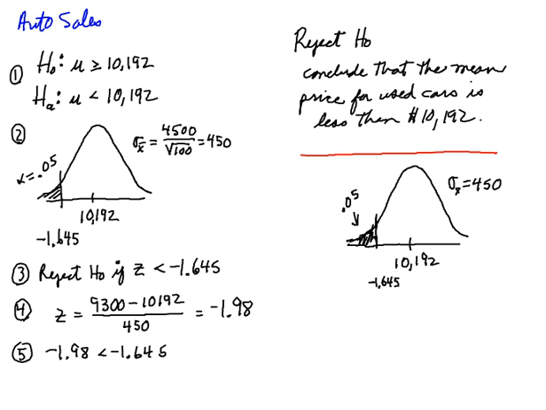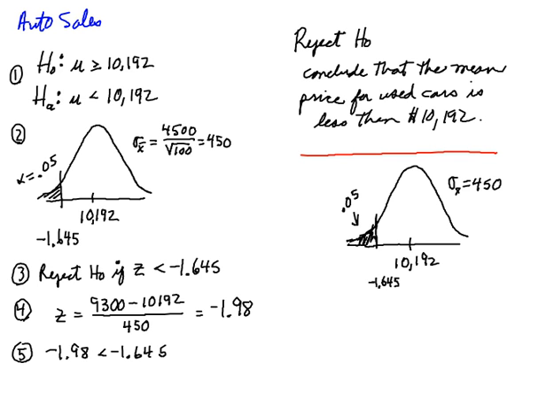So, in step 2, we set up the sampling distribution, assuming that H sub 0 is true. We draw our decision line at the z location, negative 1.645. If H sub 0 is true, only 5% of the sample averages that we would get from sampling of size 100 are to the left of this line. 95% of the sample averages are above this line.